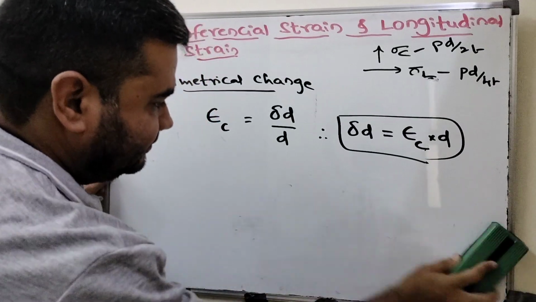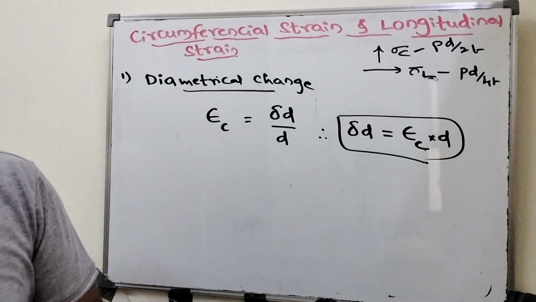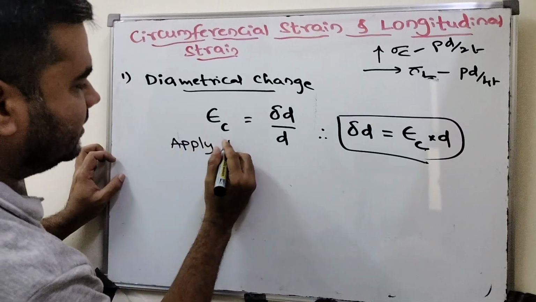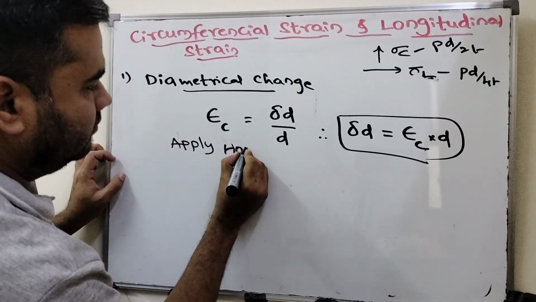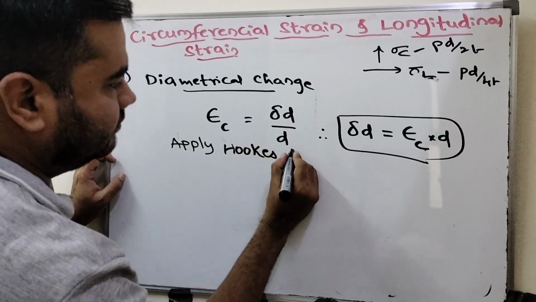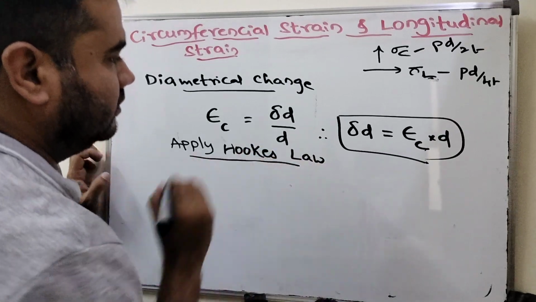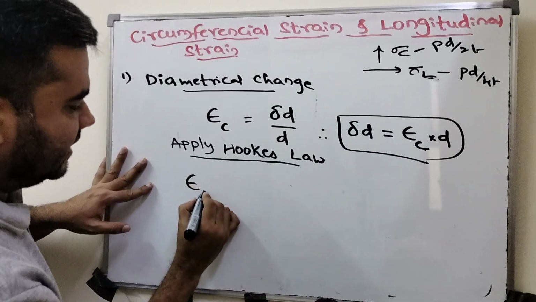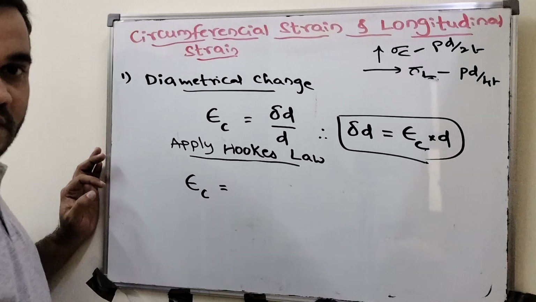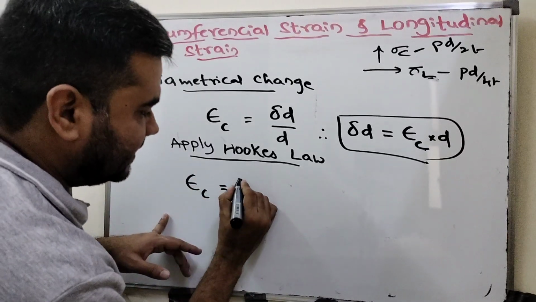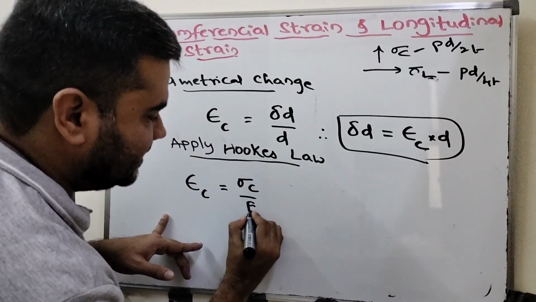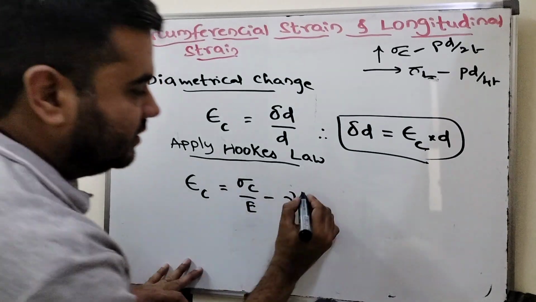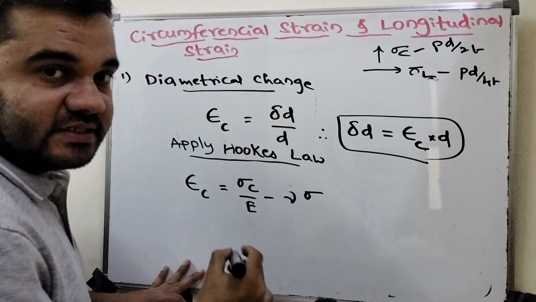Apply Hooke's law. Now, how do we write the circumferential strain? Circumferential stress divided by E, where E is the Young's modulus, minus nu, which is Poisson's ratio, times the one more type of stress here.